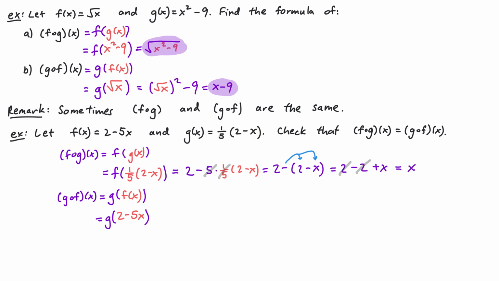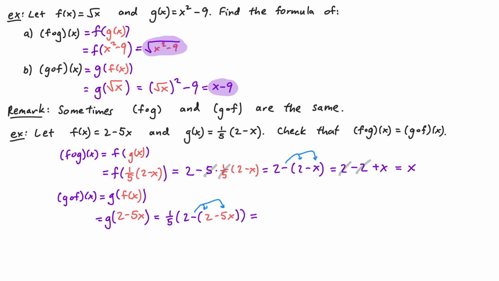So g of 2 minus 5x is going to be 1/5 times 2 minus 5x. So this here is the formula for g composed with f of x. Right now, it doesn't quite look like the formula for f composed with g, but maybe we can simplify this a little bit. We can start by distributing this minus sign here.